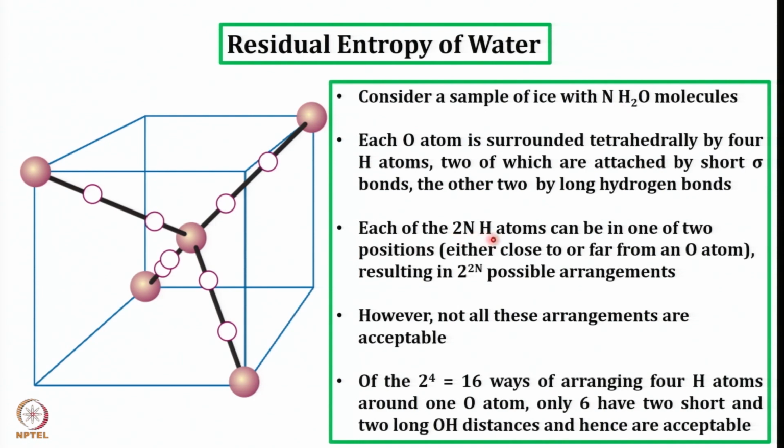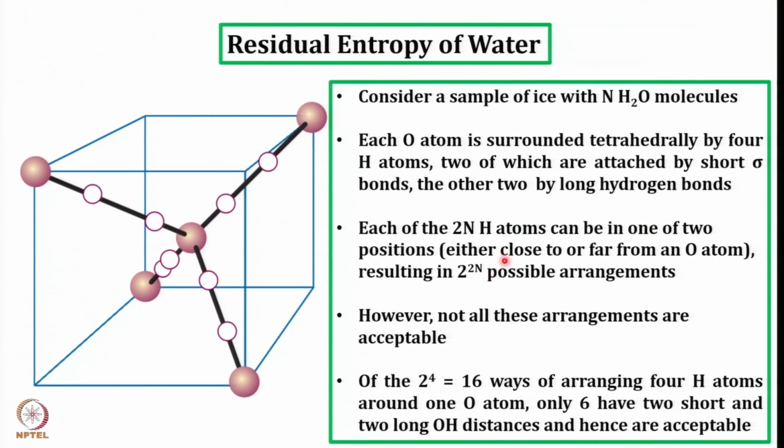These 2n hydrogen atoms can be in one of two positions, either close or far. One is close, meaning a covalent bond, the other is away, that is the hydrogen bond.